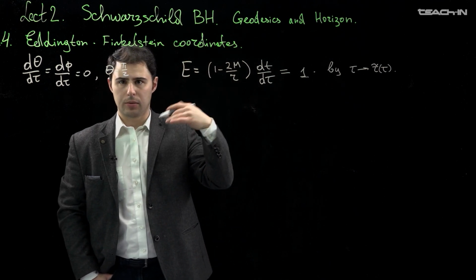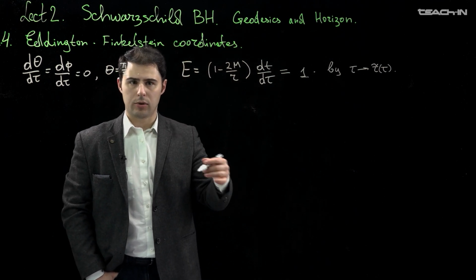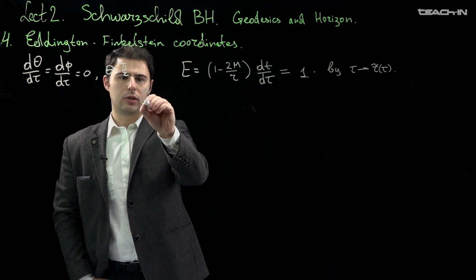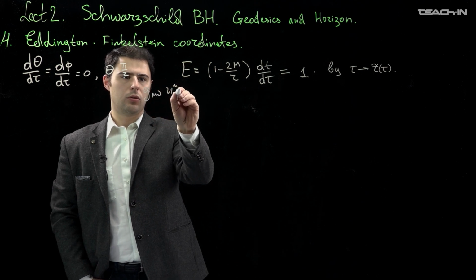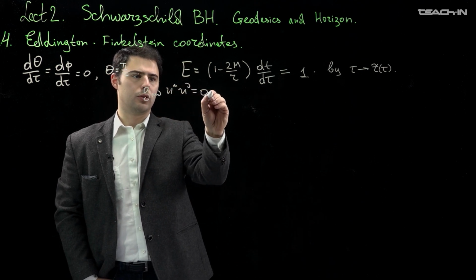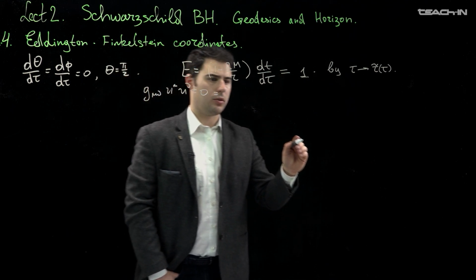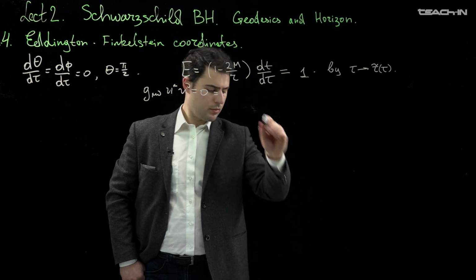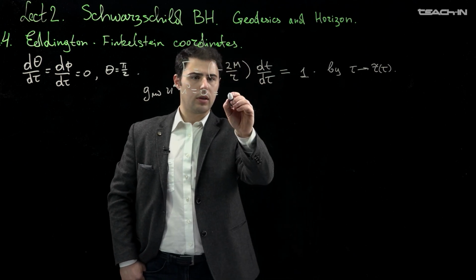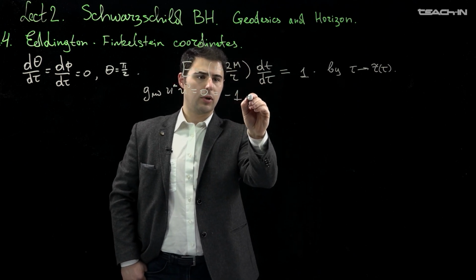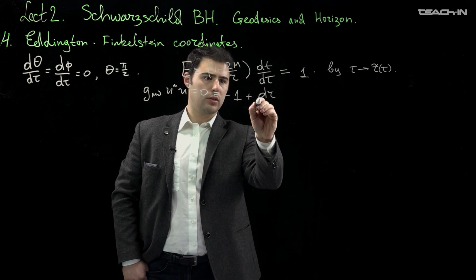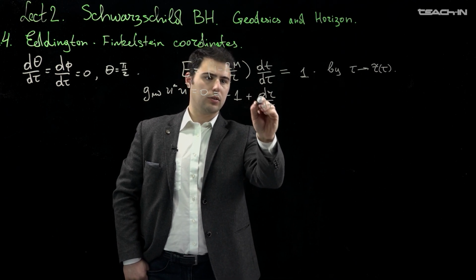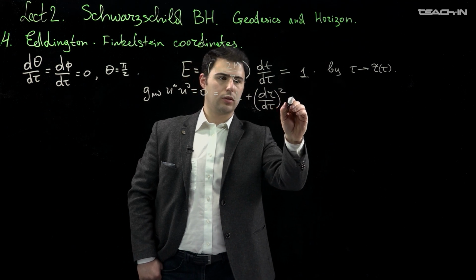Then the condition for the world line to be null reads g_μν u^μ u^ν equals 0, which equals minus 1 plus (dr/dτ) squared.